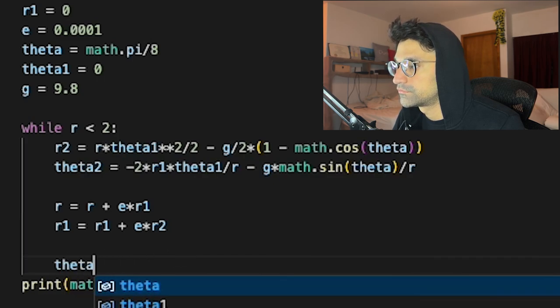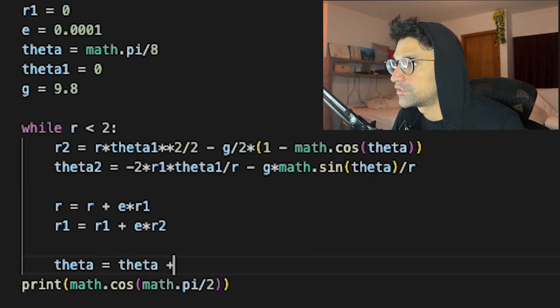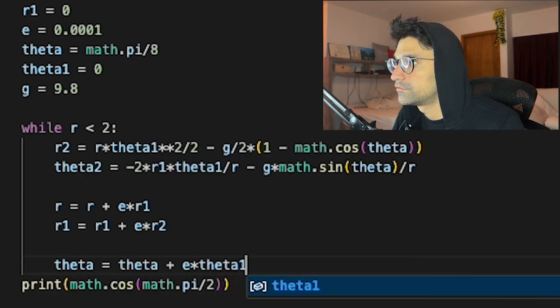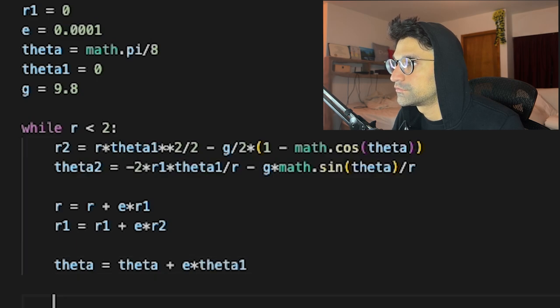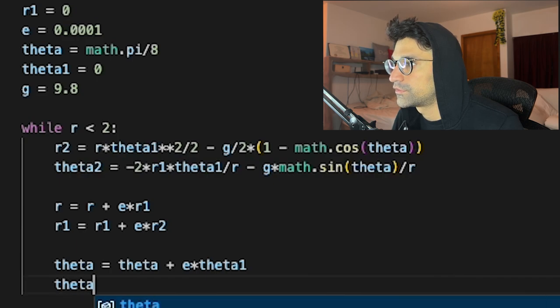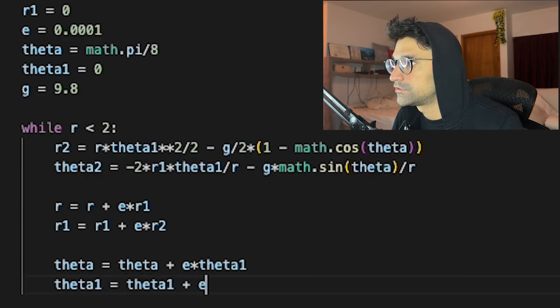So theta should be theta plus E times theta 1. And theta 1 should be theta 1 plus E times theta 2, right? And this will update these guys.